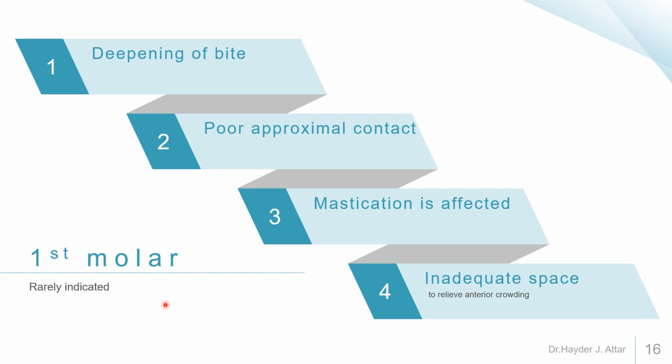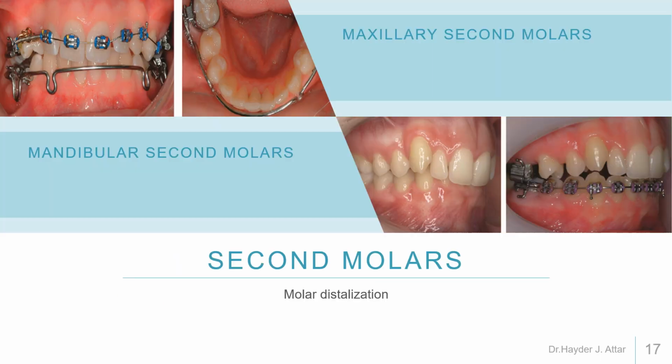or in rare cases when the first molar is impacted. The extraction of the permanent second molar is indicated to relieve mild to moderate crowding by molar distalization, by extraction of the second molar and at the same time distalization of the first molar, either by headgear in the maxillary arch or lip bumper in the mandibular arch, to preserve the facial profile of the patient.